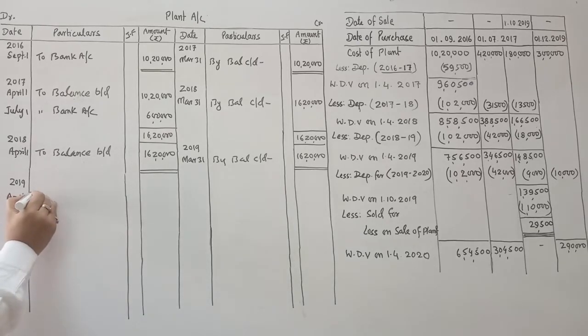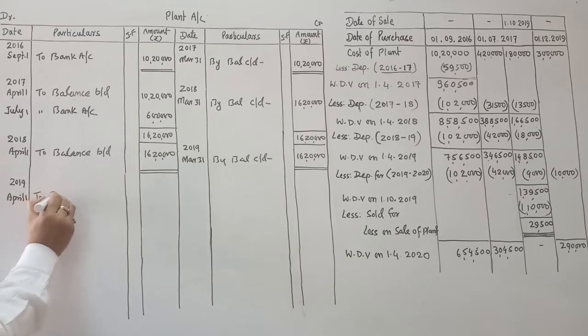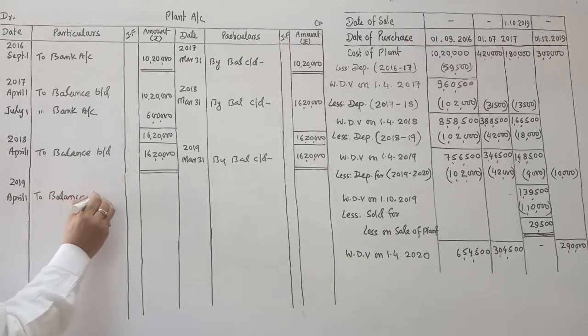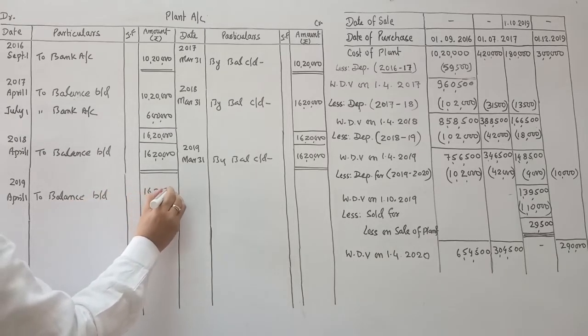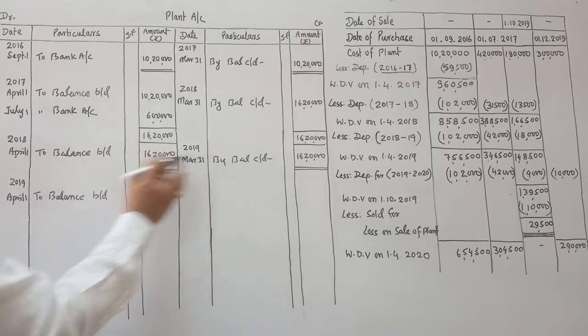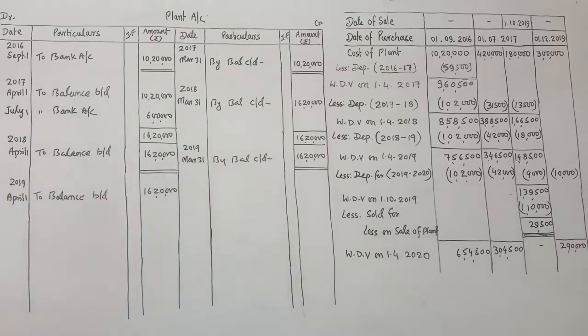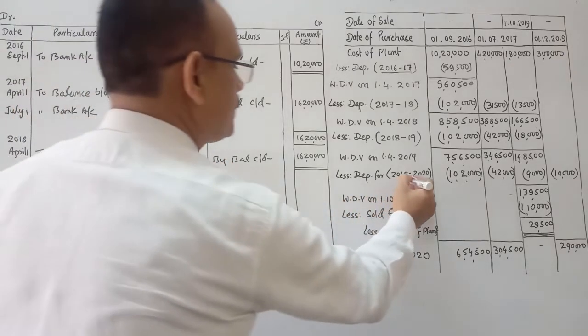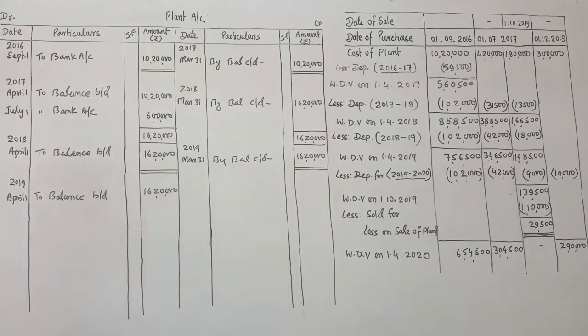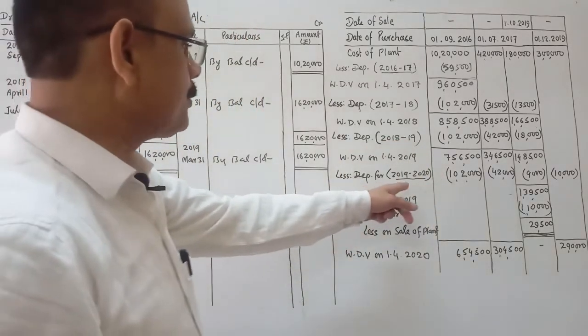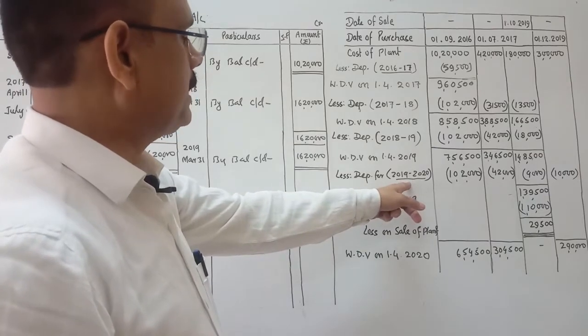On April 1st, to balance brought down 16,20,000. This balance is brought down on 1st April 2019. We have entered into this financial year 2019-20. You see, in 2019-20, one machine is sold.